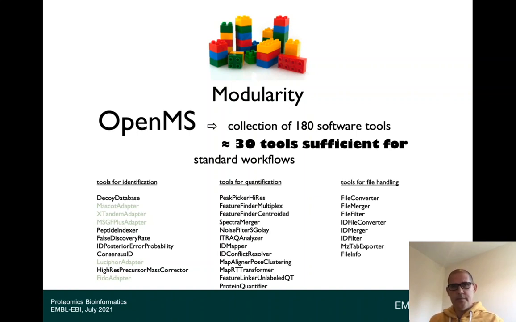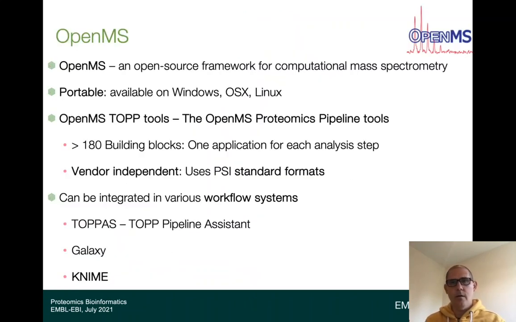OpenMS is a framework that provides more than 180 software tools, and mainly what it does is provide the infrastructure so that you can run individual tools for processing your own task on your own data. OpenMS is open source, a computational framework, and can be used in Windows, Linux, and also Mac.